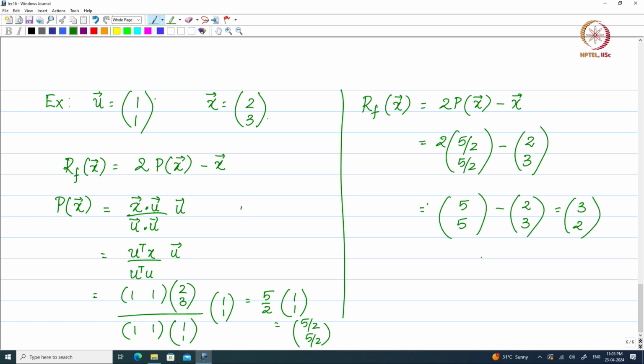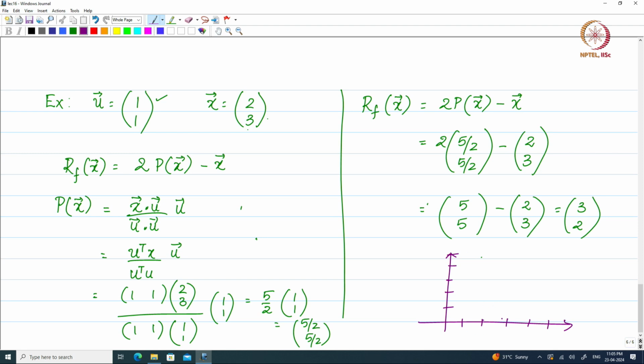This vector basically defines the line passing through the origin, and the line is characterized by the equation y is equal to x. If you look at this graphically, assume that this is my x1, x2 axis. I have this point (2, 3); let me mark 1, 2, 3, 4, 5, and so on.